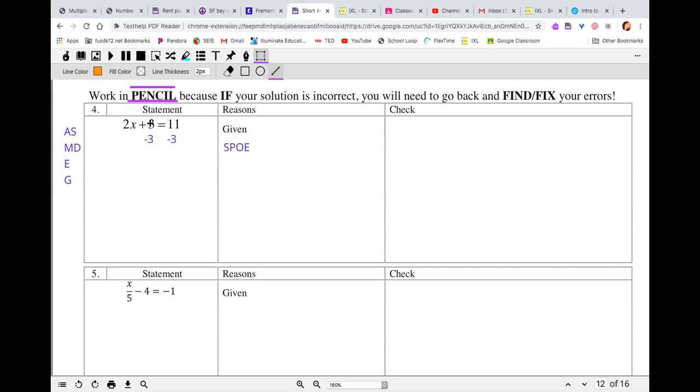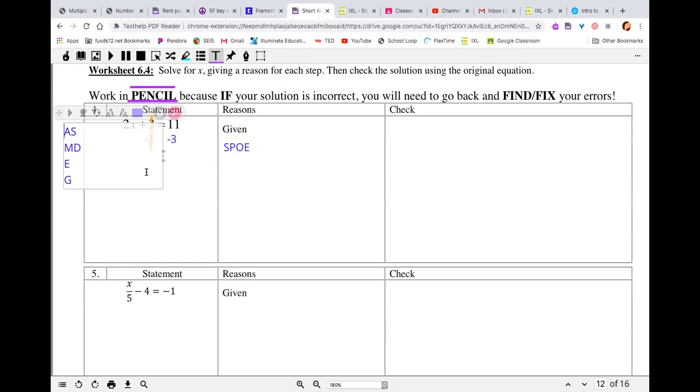All right, what do I cancel out? I can cancel out my 3's because 3 minus 3 is what? 0.